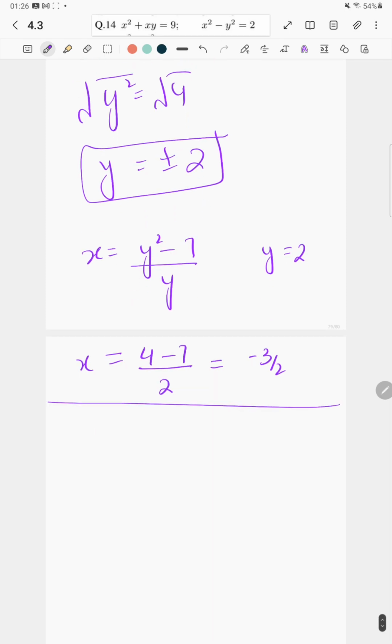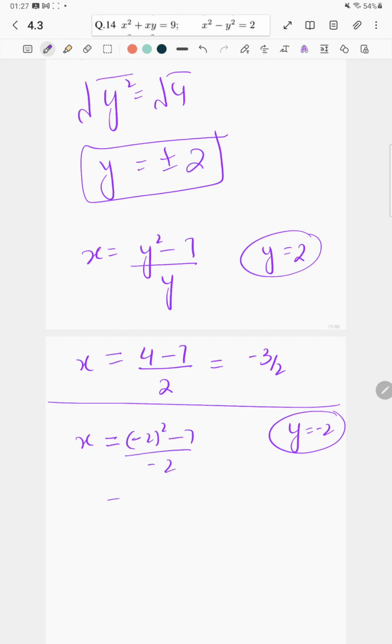Next, we put y is equal to minus 2. So it's minus 2 square minus 7 over minus 2, 4 minus 7 over minus 2, minus 3 over minus 2, it's going to be 3 over 2.